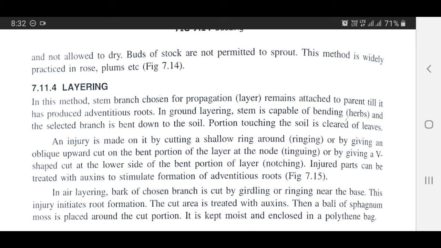But in case of layering, we generally select stems on the parent plant, and they should be rooted first, and then they should be excised or cut from the parent plant. The difference between cutting and layering is that in layering, we first develop roots in the selected stems while still attached to the parent plant.